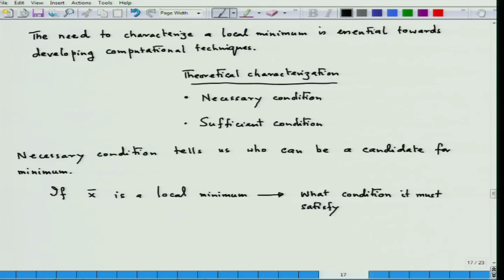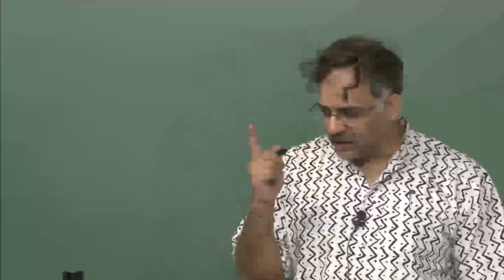That is very, very important. So, in order that your point could possibly be a local minimum, it has to satisfy this condition. First you have to find a point which satisfies this condition, then you check whether it is a local minimum or global minimum or whatever. If a point does not satisfy this condition, then it is ruled out, it can never be a local minimum. That is why necessary conditions are very, very important, rather central to the study of optimization.